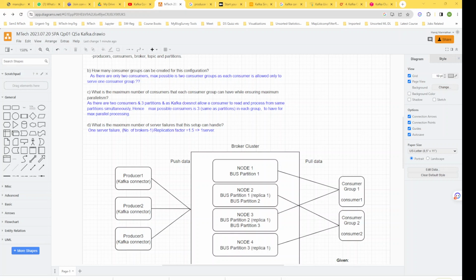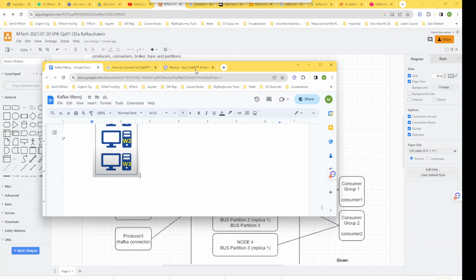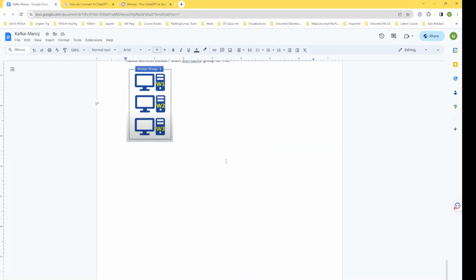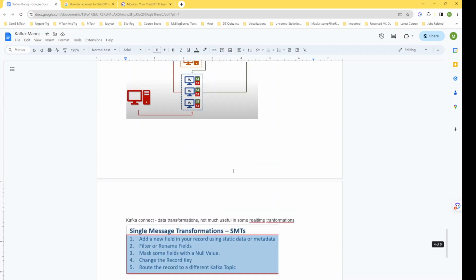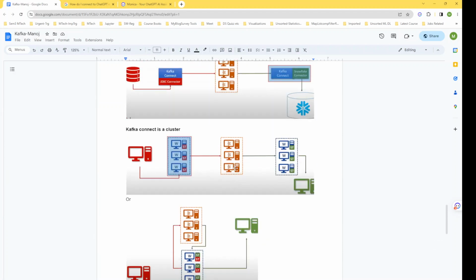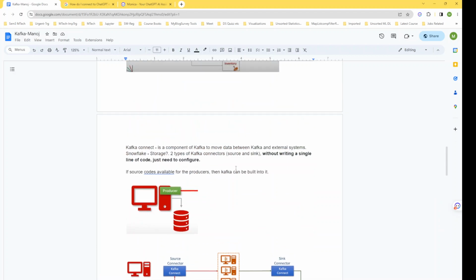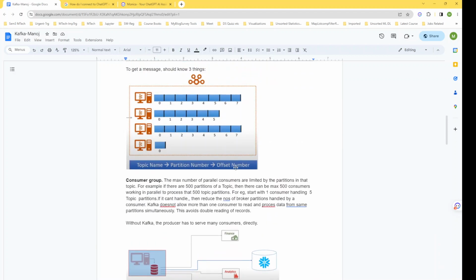One virtual CPU equals one parallel path, so as many virtual CPUs as there are, that many parallel paths can exist. In this case, the maximum number of parallel consumers is limited by the partitions in that topic.